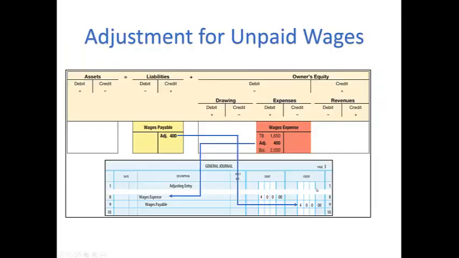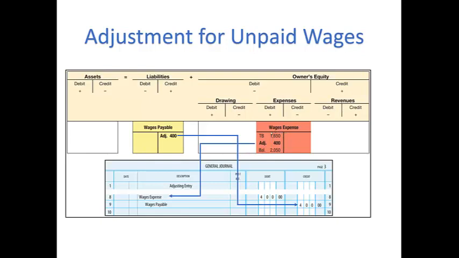So we're going to, once again, debit the expense for the account that we're working with, and that's wages. So we're going to debit wages expense for $400, and then credit the account wages payable. Wages payable is a liability that indicates that we owe wages, and so we will credit wages payable for $400. Take a look now at the wages expense account.